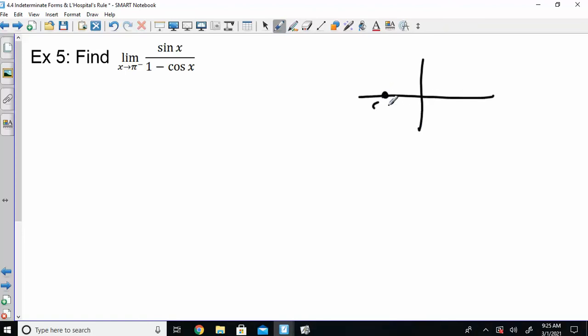Right? That's the point, -1, 0. Cosine is the x and sine is the y. So, sine of pi is 0. Cosine would be -1. This is 0 over 2.